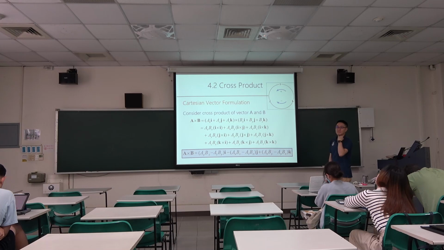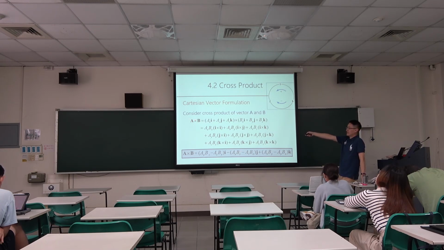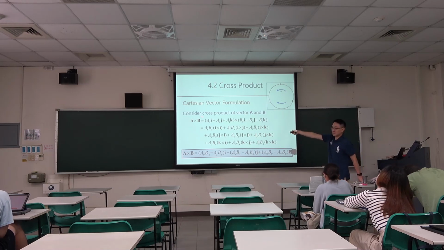Okay, then for more detailed calculation, two vectors A and B, A cross B. A can be represented using this Cartesian vector form, and B also can be represented using this form.